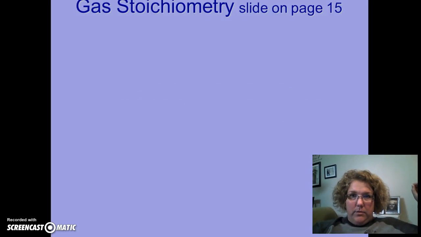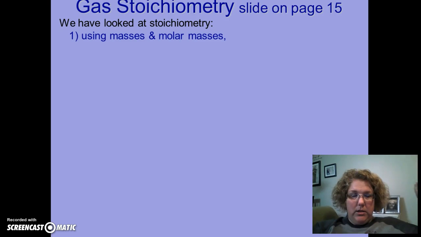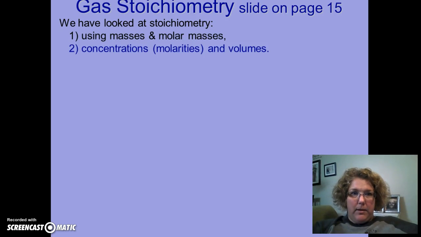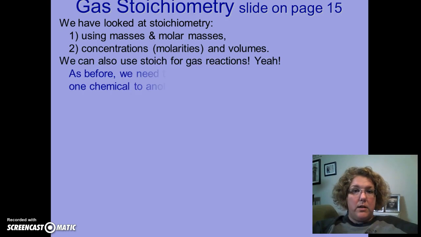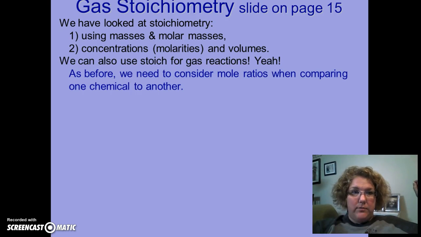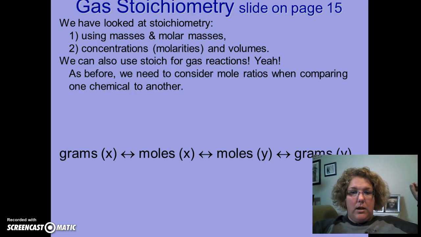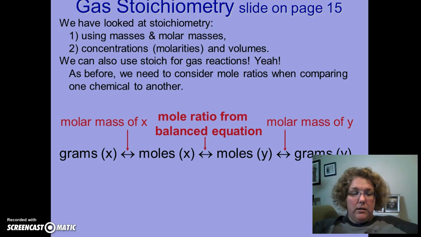All right, so gas stoichiometry. Again, we've looked at stoich using masses and molar masses. We've looked at stoich using molarities, concentrations, and volumes. And now, yay, we can use it for gases as well. Okay, so we've gone grams to moles, moles to moles, moles to grams. All we're going to be doing is the same thing, just throwing in some gas data.